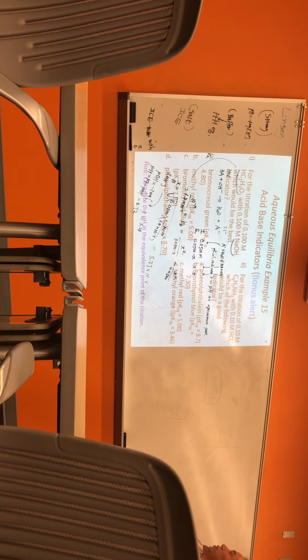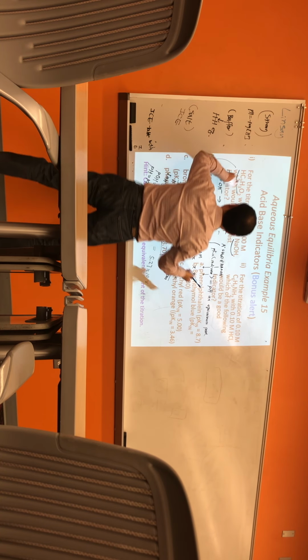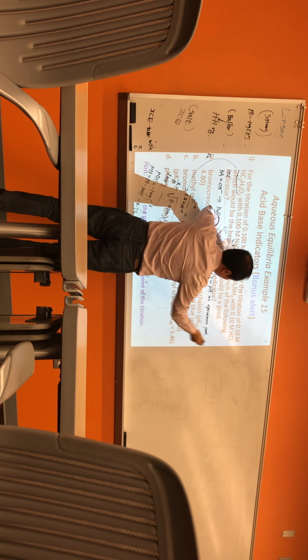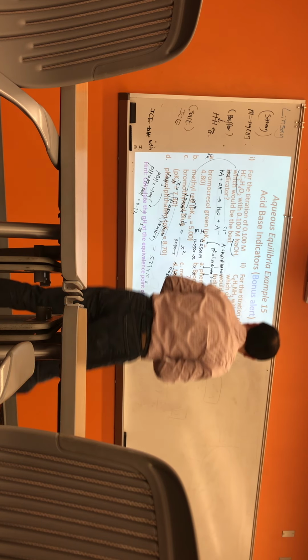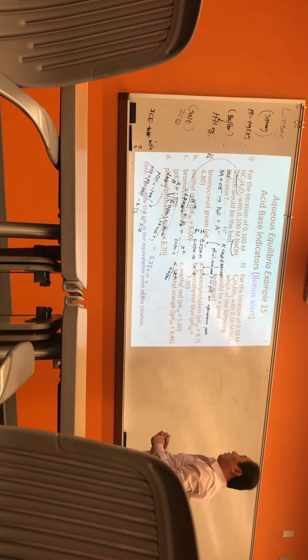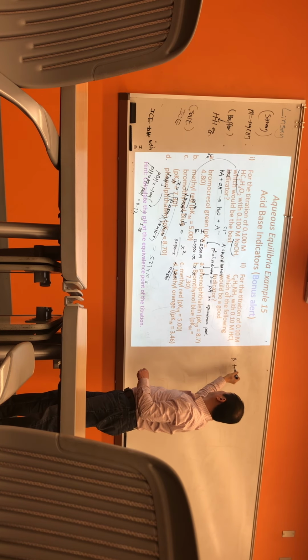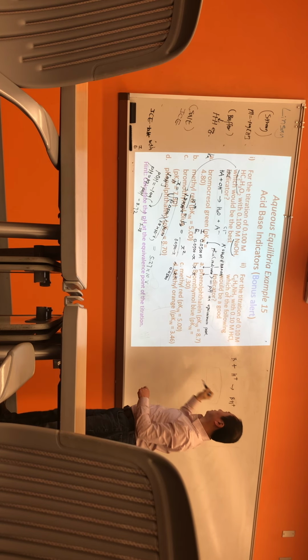Which of the following would be a good indicator? Do you see the similarity? Weak acid, weak base. Strong base, strong acid. It will be a similar problem. So again, a weak base with a strong acid turns into this.